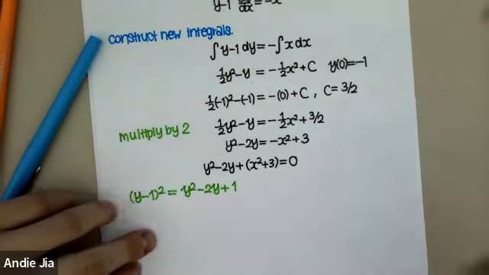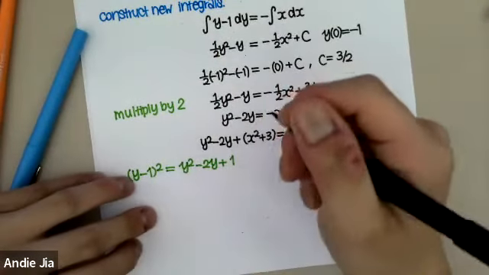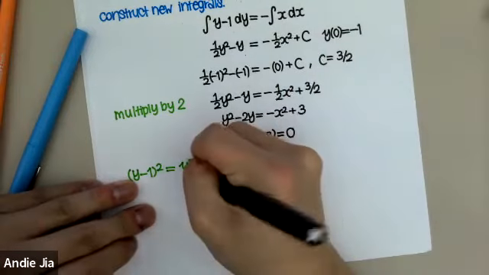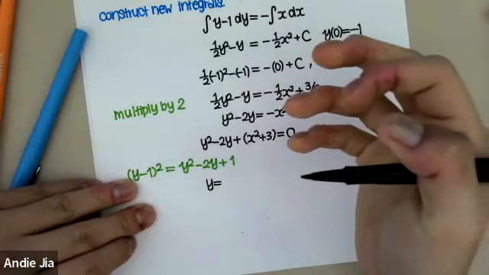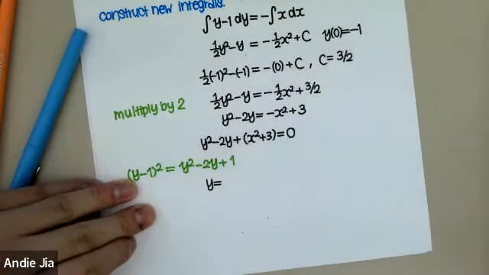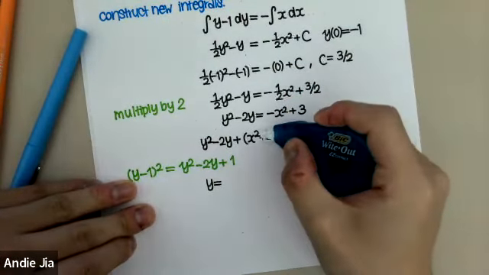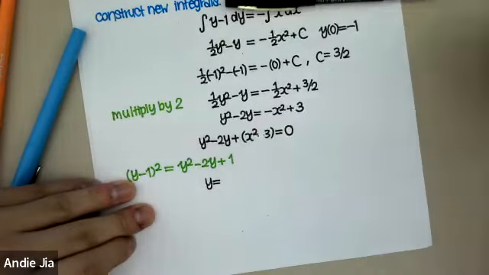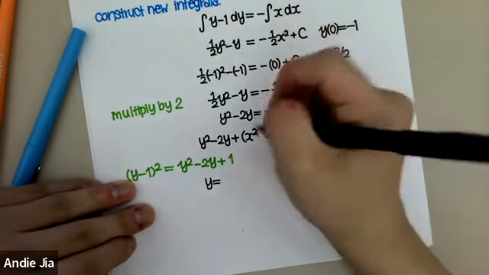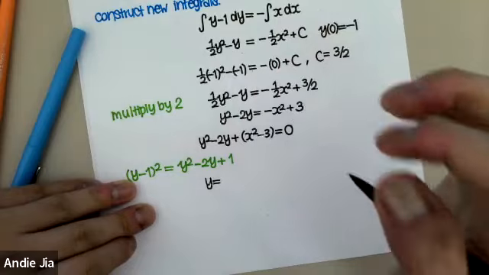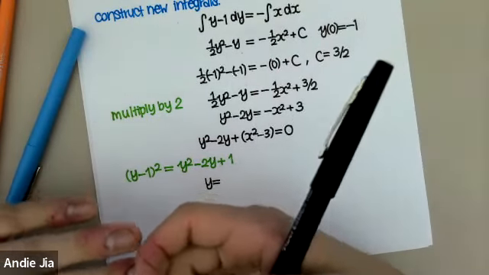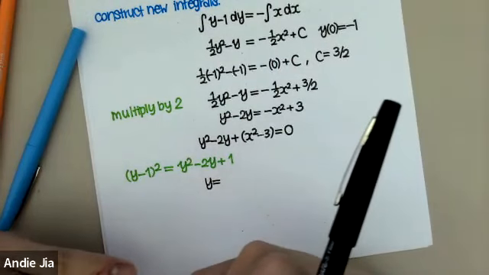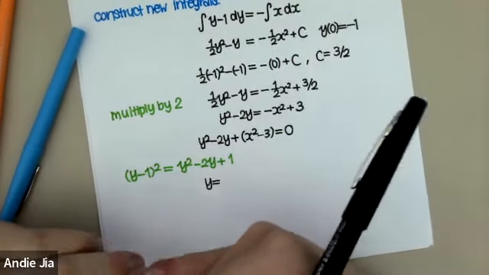Now we just solve for y, and I'm used to the quadratic formula. Oh wait, I think I made a mistake when writing it here. It's x squared minus 3 here.